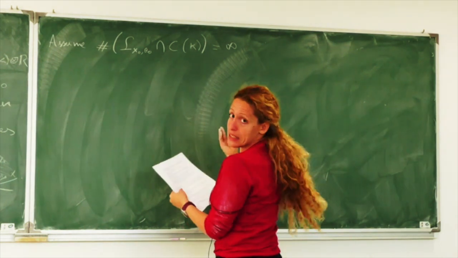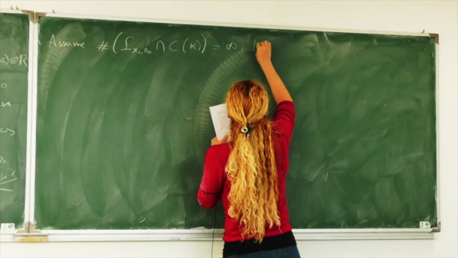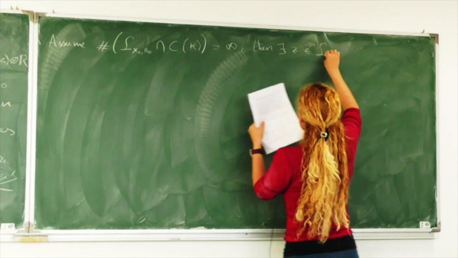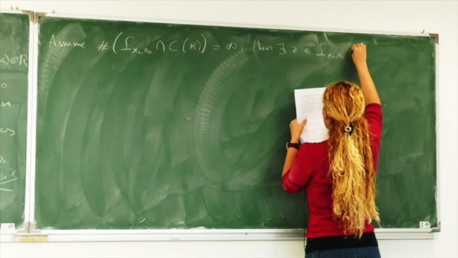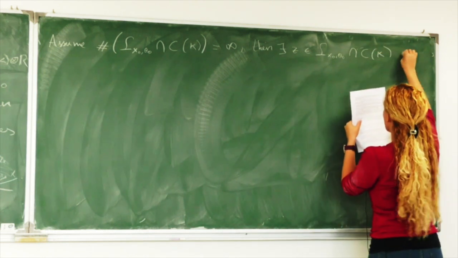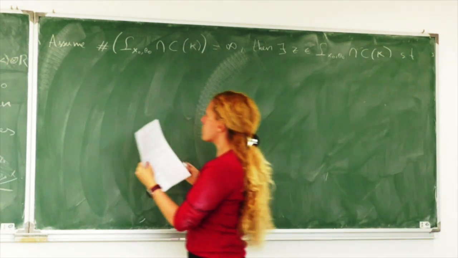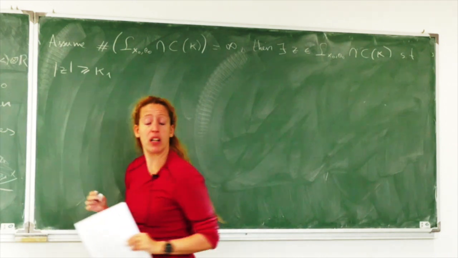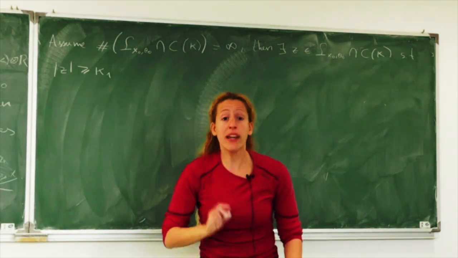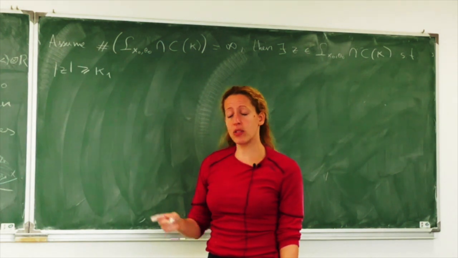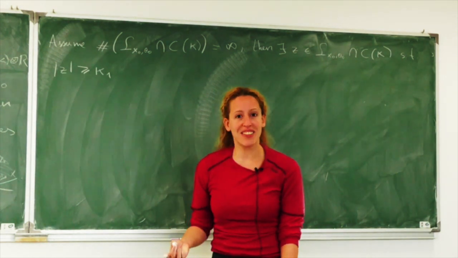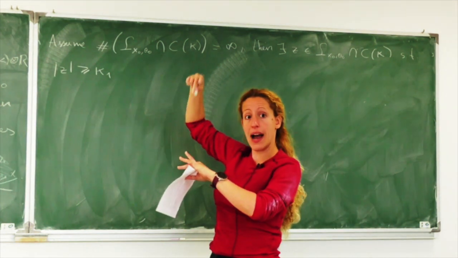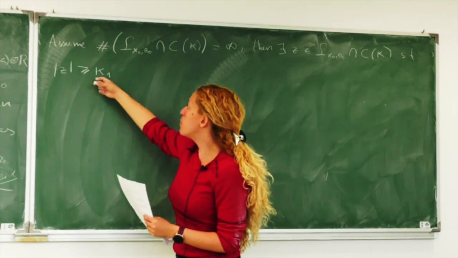Okay, so assume that it is infinite. Then there is z in that intersection such that the norm of z is greater or equal than kappa 1, the first constant in the inequality. Why is this true? Because we know that the number of points with bounded height is bounded. So if I have infinitely many points, I can find points with height as big as I want, in particular bigger than this kappa 1.